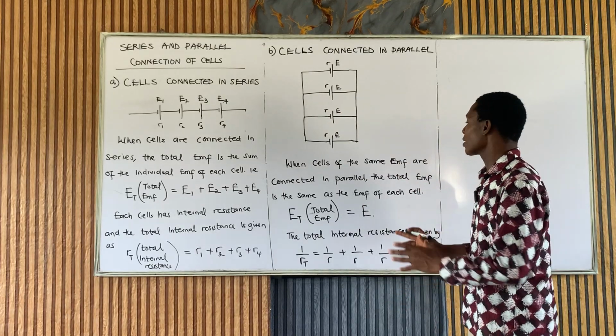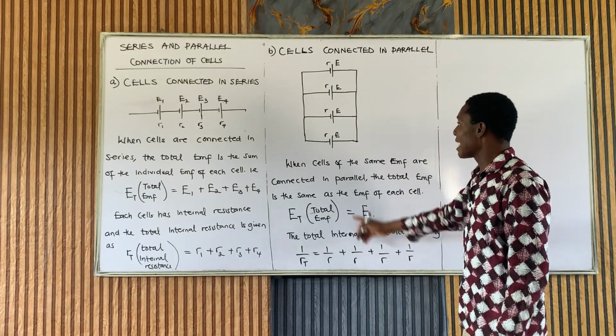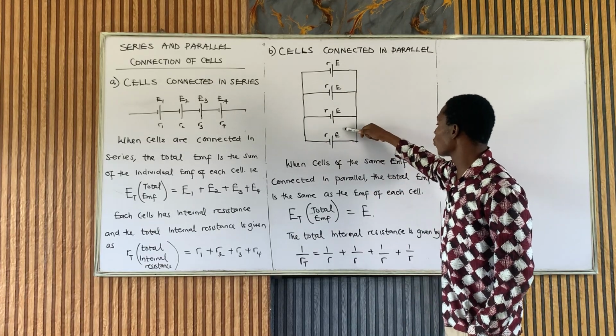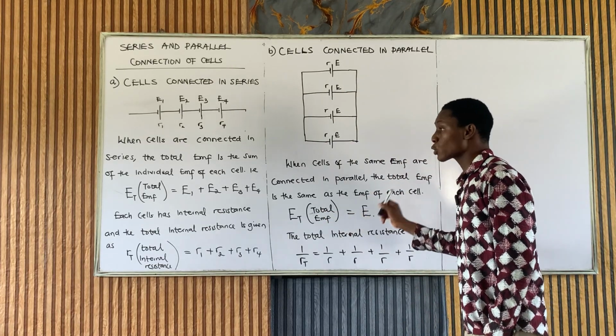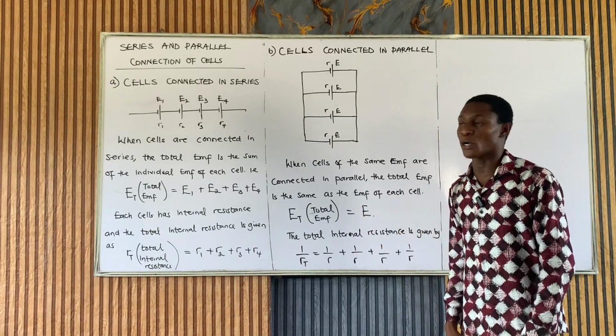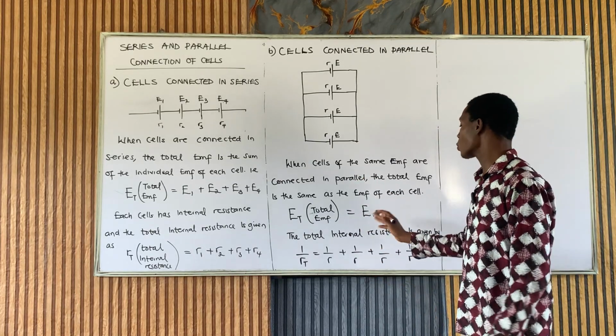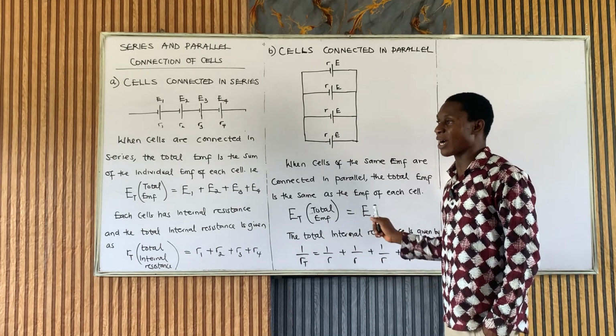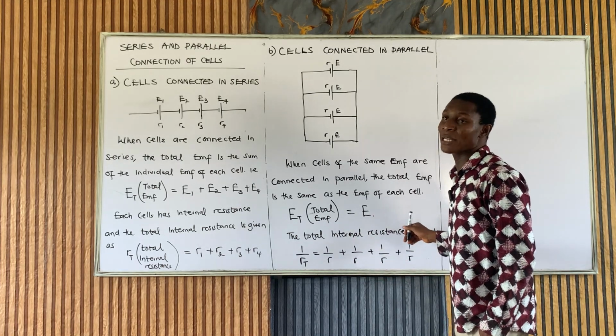Then we can say the total EMF is just the EMF of just one cell. So if it's 2 volts, total EMF will be just 2 volts. You don't sum them up together. You don't just say 1/2, that's wrong. It's just 2 volts. But their internal resistance now will be 1/R plus 1/R plus 1/R plus 1/R.